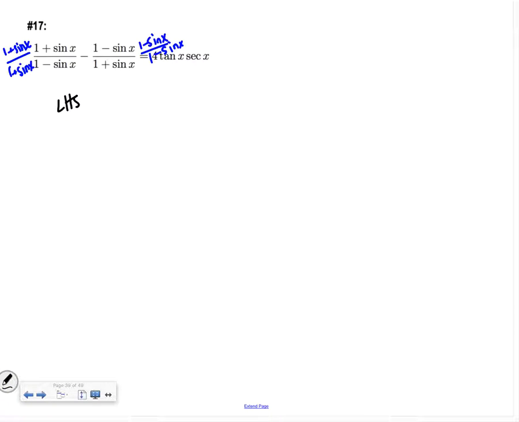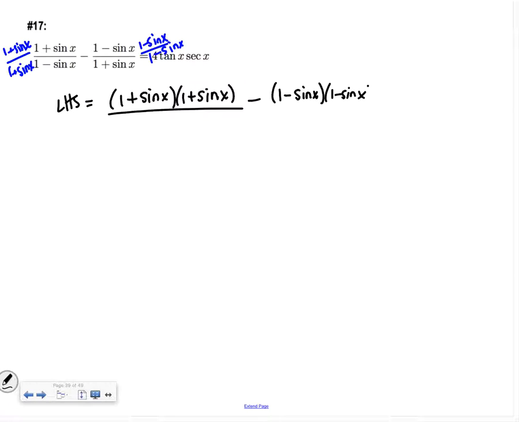So my left-hand side is equal to, no wait, it's not 1 minus, it's going to be 1 plus sine of x times 1 plus sine of x. So I'm going to have to FOIL it out. And then I'm going to have minus 1 minus sine of x times 1 minus sine of x. And they're over the same denominator, so I'm going to go ahead and put it together as 1 minus sine squared of x.